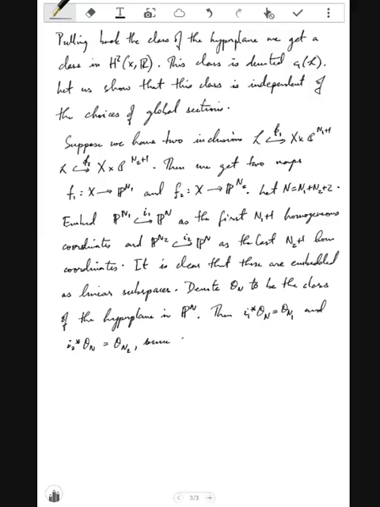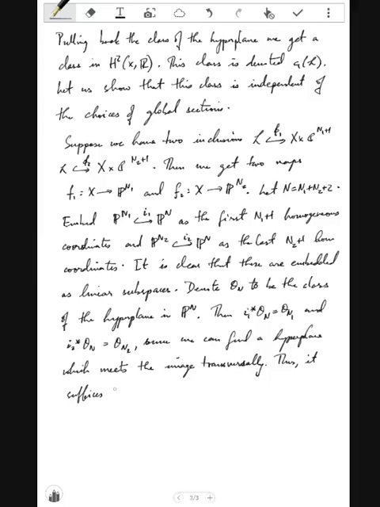Since we can find a hyperplane which meets the image transversely, it suffices to show that f_1^* i_1^* theta_n is equal to f_2^* i_2^* theta_n.